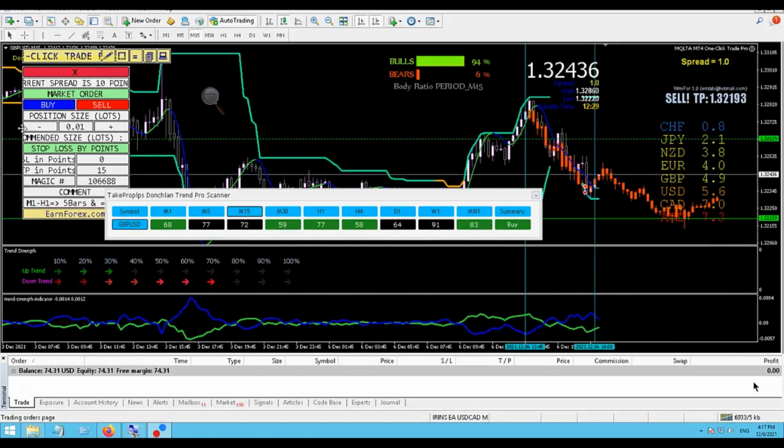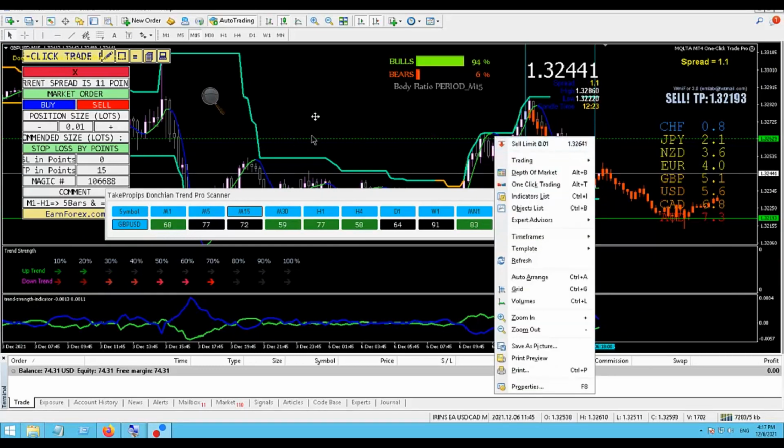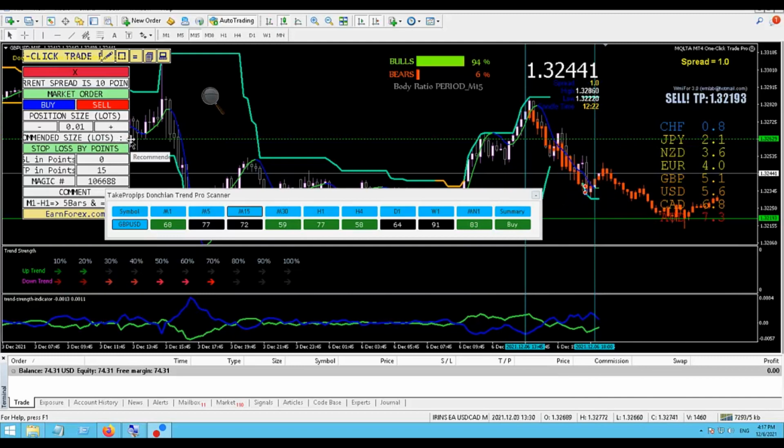I've got an EA here that is, where's my cursor gone? It's stuck. Hang on. This one here is a manual EA which I can buy and sell manually. And there's this trend chart, this strength chart, and all the others.